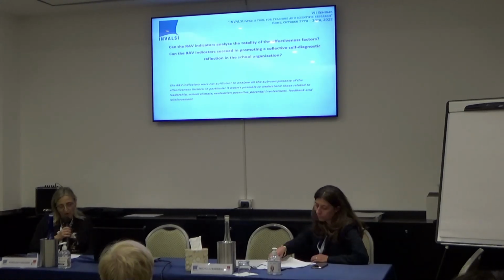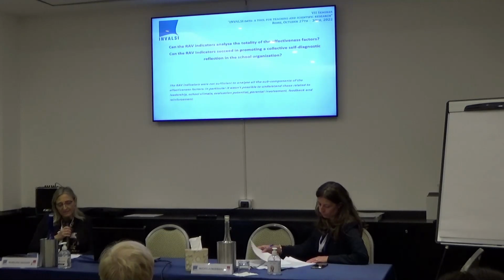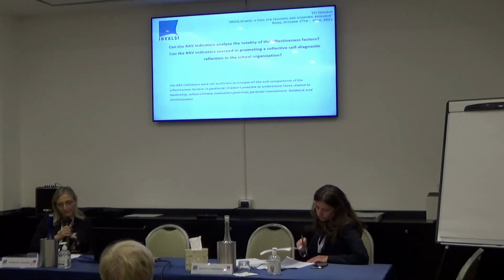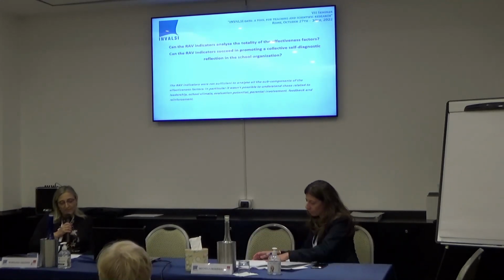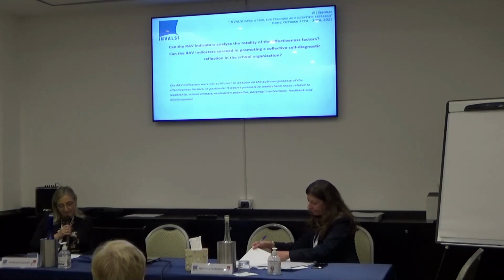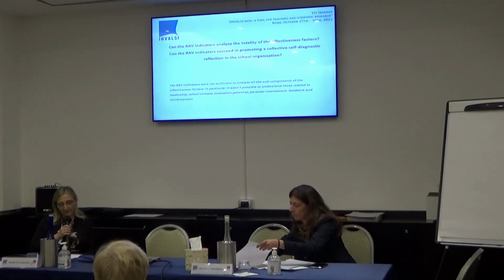The indicators of the RAV cannot analyze the totality of the effectiveness factors and do not always succeed in promoting a collective self-diagnostic reflection in the school organization. Schools use them as a reference and work on ineffectiveness.